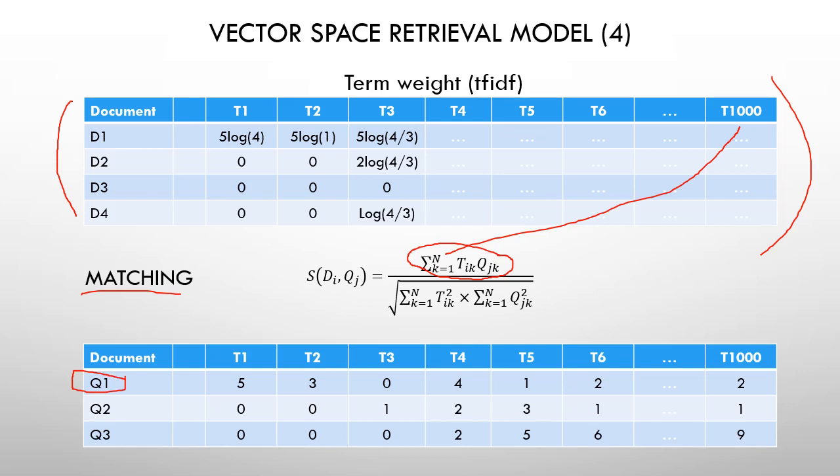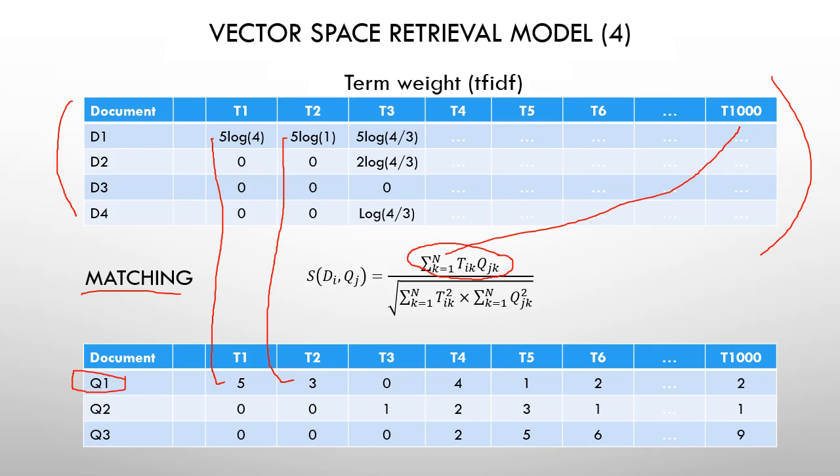So for query number 1, this one is multiplied by that one. Okay, this is an example only. For Q1, the weights I just gave random numbers: 5, 3, 0, and so on. And then for the second term of the summation, we multiply that number with this number, and so on.